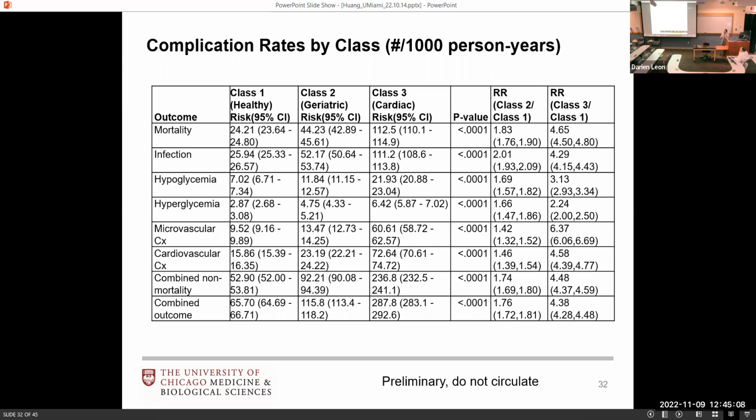So class 3 is really interesting because it's the group that is eligible for SGLT2 inhibitors and GLP-1 agonists. They're a very interesting group because they're at the highest risk of dying. They have the highest risk of cardiovascular disease, but they also have the highest risk of hypoglycemia. They have the risks of the adverse events, and they're at the point where they're about to experience the end-stage cardiovascular complications of diabetes.